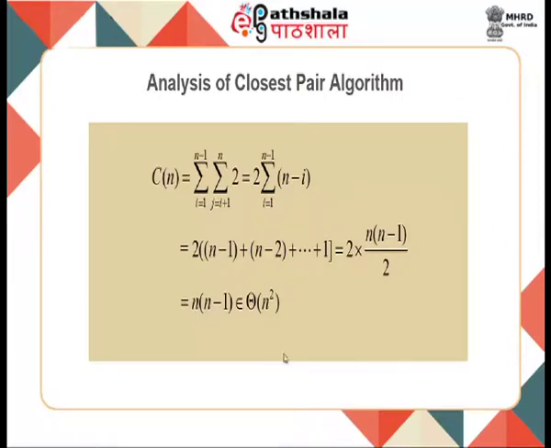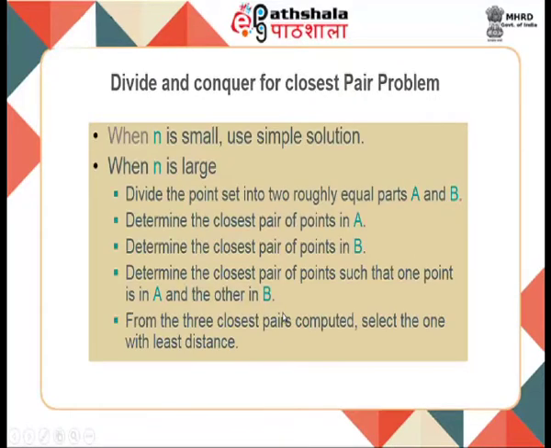Now the challenge is very simple. Is it possible to improve the performance of the algorithm? In other words, is it possible to reduce the complexity from the order of n square? For that reason we are going to go for the divide and conquer strategy.